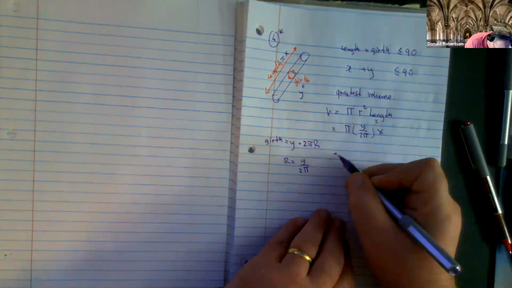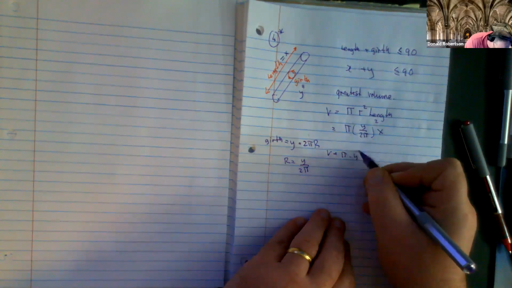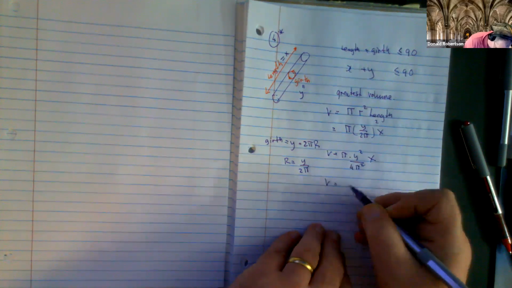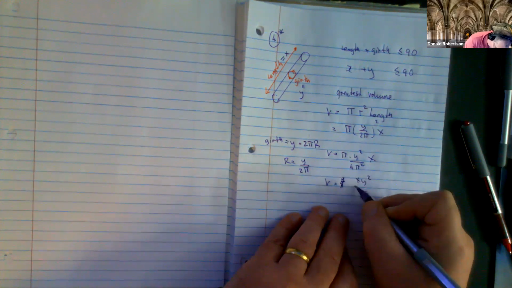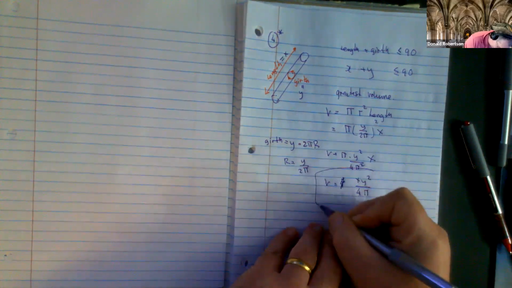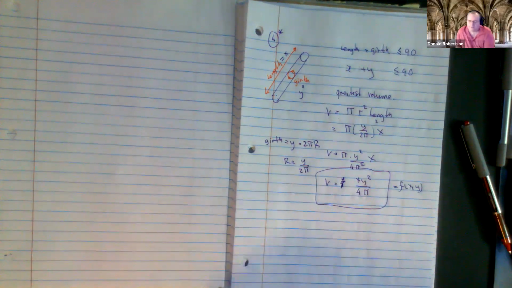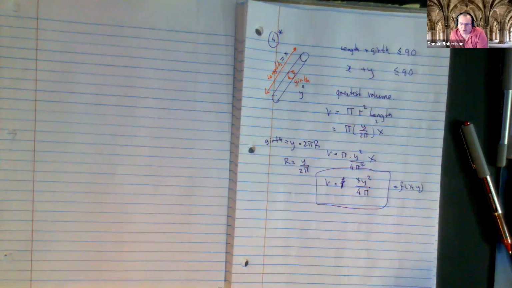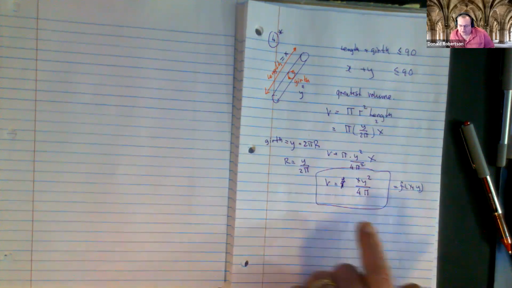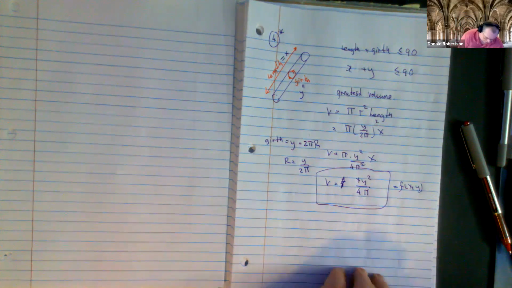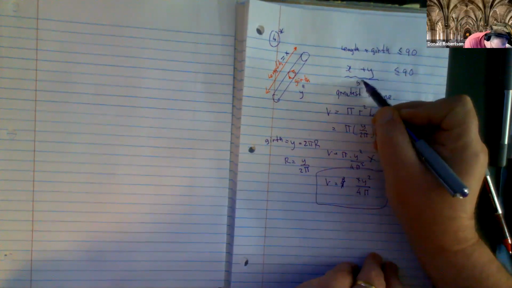So I get pi y squared over 4 pi squared x. And that becomes xy squared over 4 pi. There is my f of x, y. So if you make the girth y and you make the length x, then the formula is in terms of this. And your constraint function is basically this here.